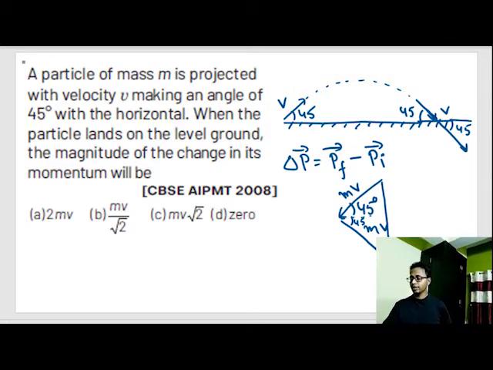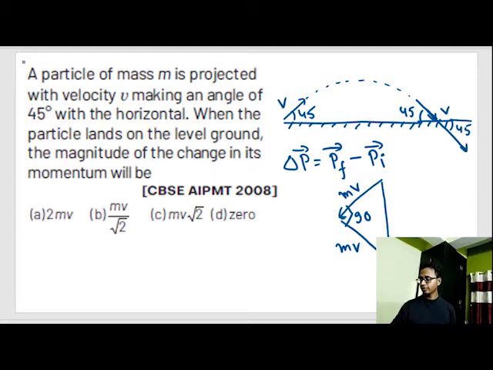Now let's draw this diagram a little bit neatly. This angle with the horizontal was 45, and this angle with the horizontal was 45. So can we say this total angle is 90 degrees? The magnitude of this vector was mv.